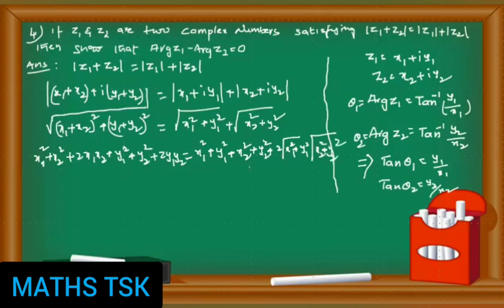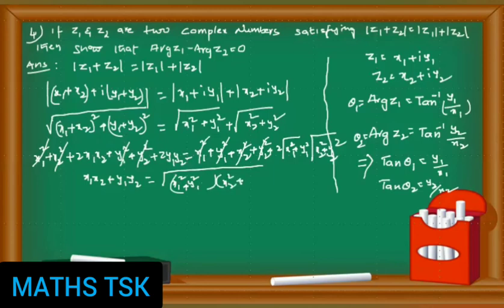Okay, then x1 square, x2 square, y1 square, y2 square get cancelled. When you divide with the 2, we remain with x1x2 plus y1y2 is equal to under root of x1 square plus y1 square into x2 square plus y2 square. Root a into root b is root ab.